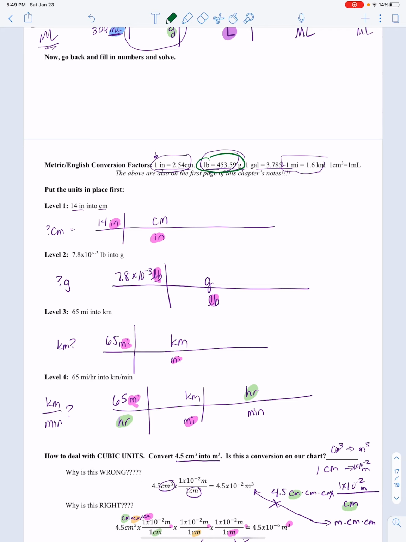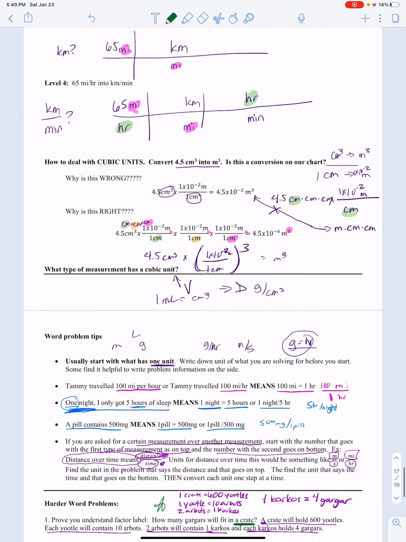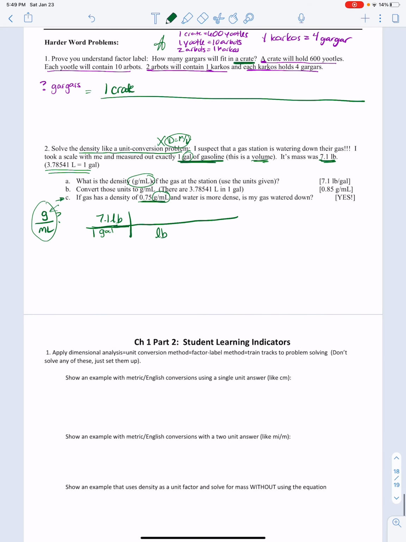A pound is equal to 453.59 grams. So you can go back and put that number in. So notice I've gotten from pounds, I've gotten rid of that. And I'm at my grams, so I'm good on top.